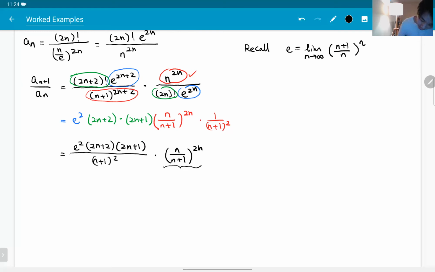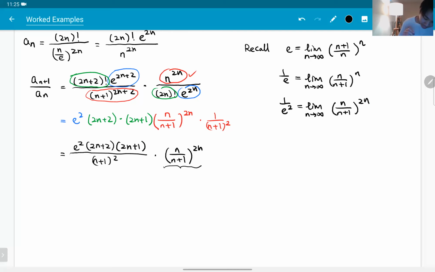So if we take the reciprocal of this on both sides, we get 1 over e is the limit as n goes to infinity of n over n plus 1 to the nth power. Now, we just need to square both sides. We get 1 over e squared is equal to the limit as n goes to infinity of n over n plus 1 to the 2n, which is exactly what we want.